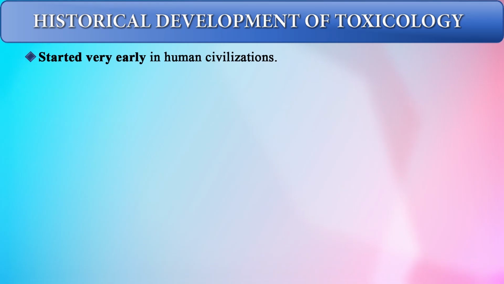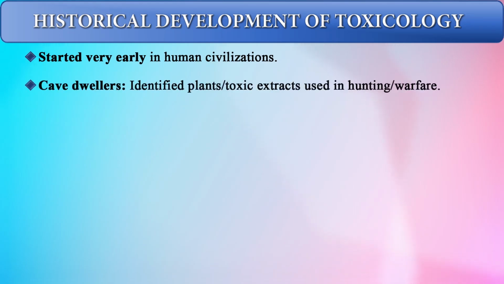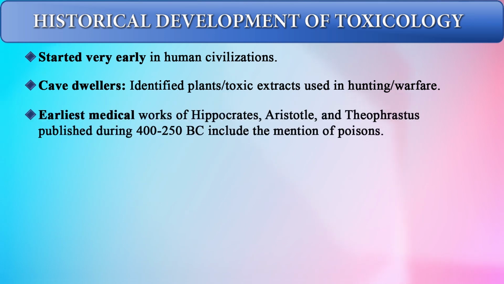Now let us go on to the historical development of toxicology. This started very early in human civilizations. For example, the cave dwellers identified plant and toxic extracts, and these were used in hunting and in warfare. Then the earliest medical works of Hippocrates, Aristotle and Theophrastus, published between 400 and 250 BC, include the mention of the word poisons.